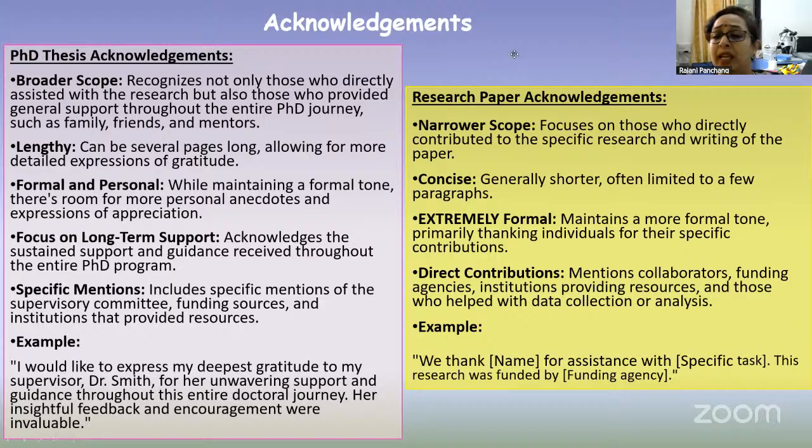Similarly, even the PhD acknowledgement. You have spent 5 years, 6 years. It has to be expressive. When you say thank you, the other person should feel that you mean it. This acknowledgement should not only thank your guide or a vice chancellor because he is sitting in a seat of power.